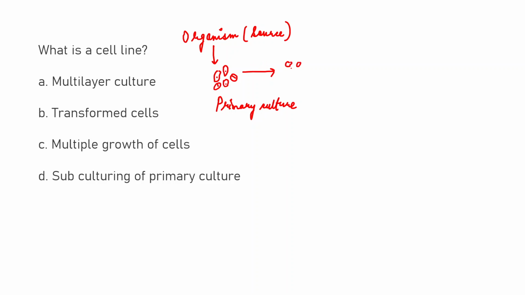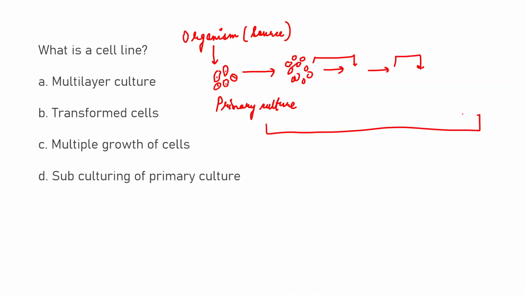your cells will divide more. From here, these cells will further divide. Then these will further divide. So a cell culture is that you are maintaining a culture which is derived from the primary culture, and that is your secondary culture.